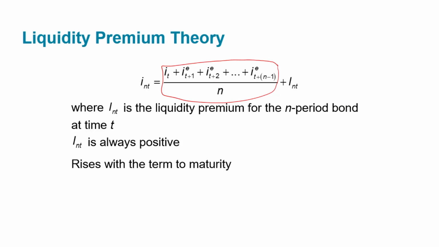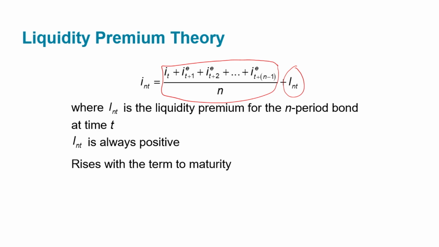What is the number of years? Then you take the annual rate of interest for each year's bond divided by the number of years. That is nothing but the one we discussed in the first theorem, as per the expectation theory, plus the liquidity premium, because for people to demand long-run bonds, they need to get something additional as an incentive. That additional incentive is a premium.